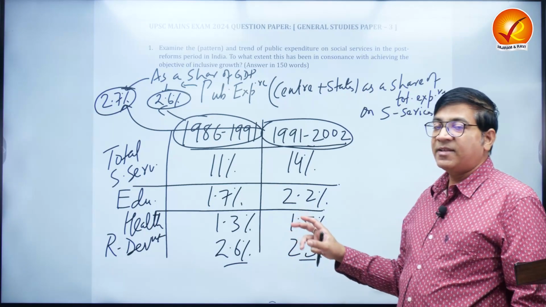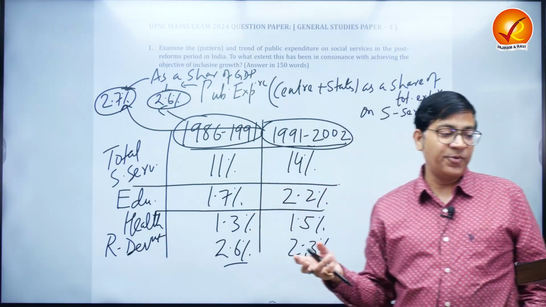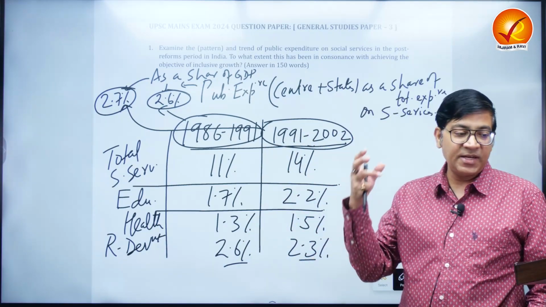What is interesting and surprising is actually the state's expenditure as a proportion of both total expenditure and GDP decreased.